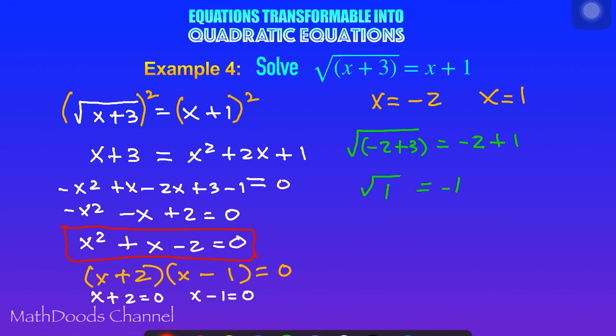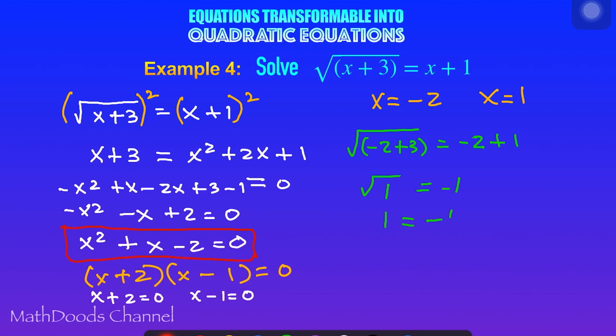Wait lang. Ayun. No? So, square root of 1 is 1.